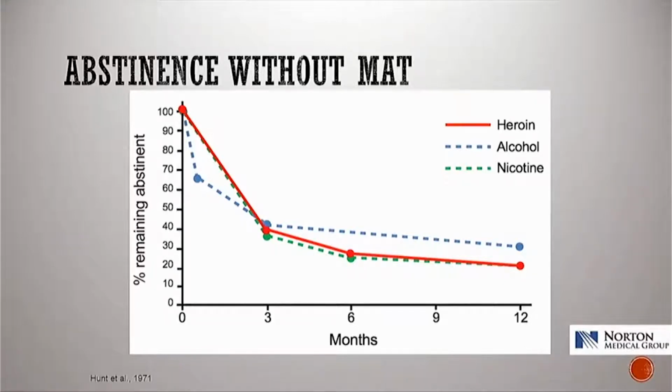So you get a very steep drop-off with all of these substances in the first 3 months. But what they found is that you continue to see drop-offs through 12 months, where those who are able to remain abstinent in a year is anywhere from 25 to 35%, which is pretty low.